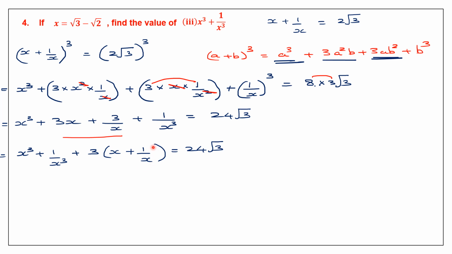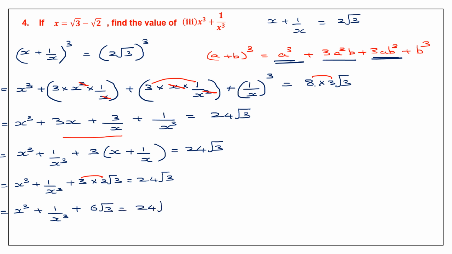Now here I have x plus 1 by x. I can substitute this with the value that I got in the beginning, that is 2 root 3. So let's do that. So here I have x cube plus 1 by x cube plus 3 into 2 root 3. This is equal to 24 root 3. Let me continue. So x cube plus 1 by x cube plus, now let's multiply 3 into 2. So that makes it 6 root 3 is equal to 24 root 3.